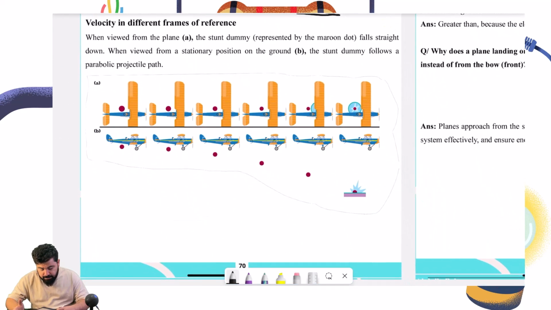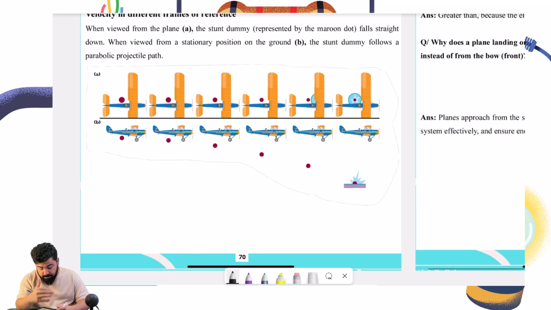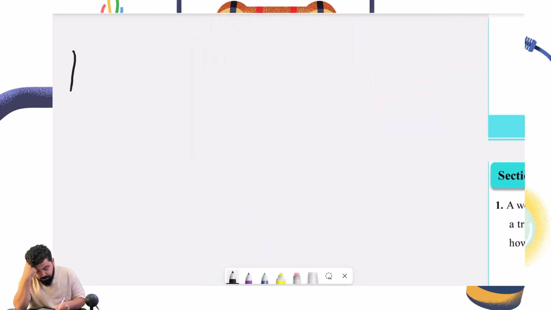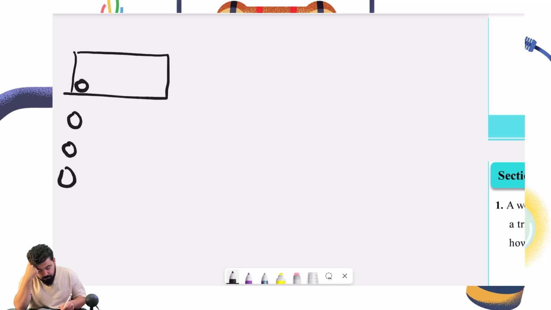Let's give another example. This is a really good example. If you are on an airplane and you throw a basketball or a ball, to you the ball is going down on a straight line. So let's say this is an airplane. You throw a ball, and relative to you, this ball is going down on a straight line.